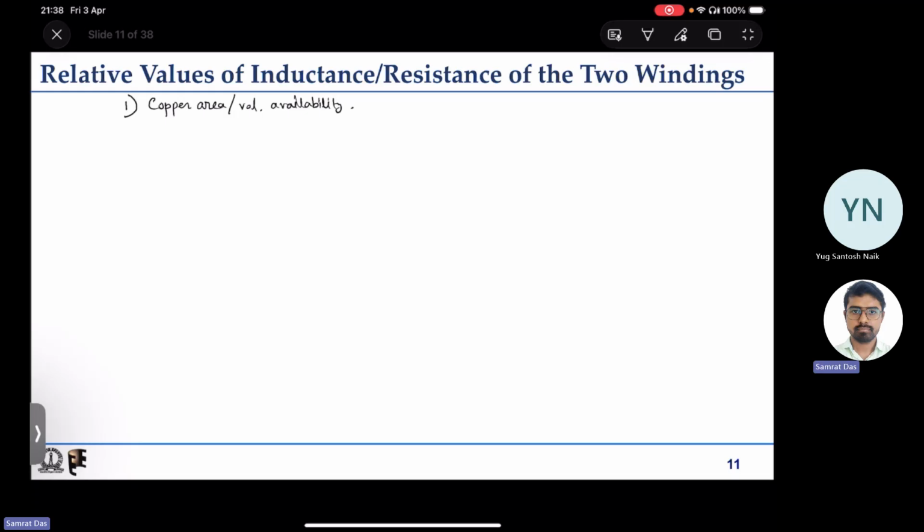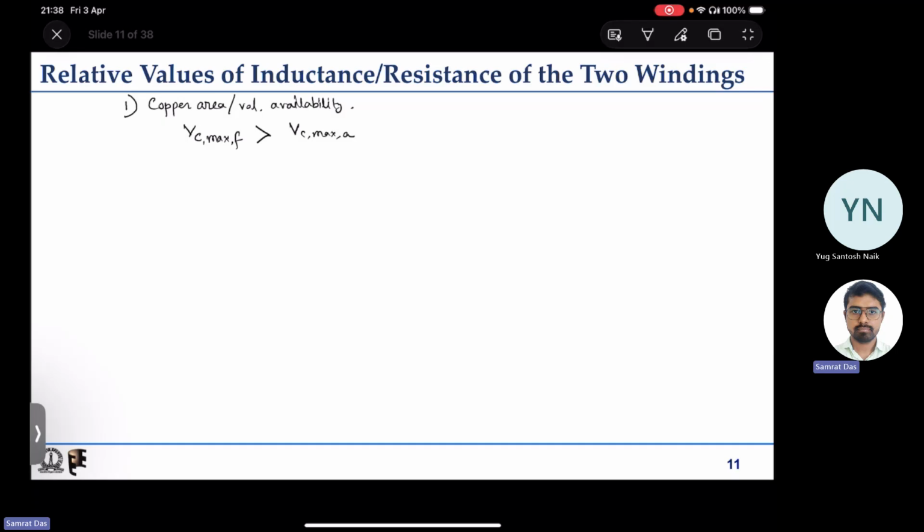So already we have seen that for field winding, because that is put on the stator, you have a lot of area available. So whatever is the volume VC max for field winding, that is quite high compared to VC max for armature winding, because for armature, conductors are only put in small slots.